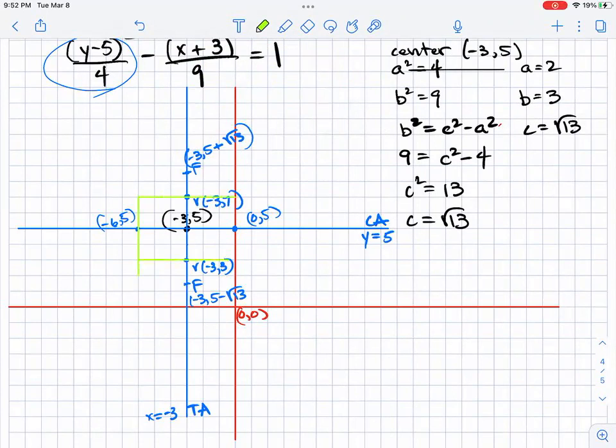Through my vertices, my asymptotes extend from there. So my actual hyperbola I can draw at this point.